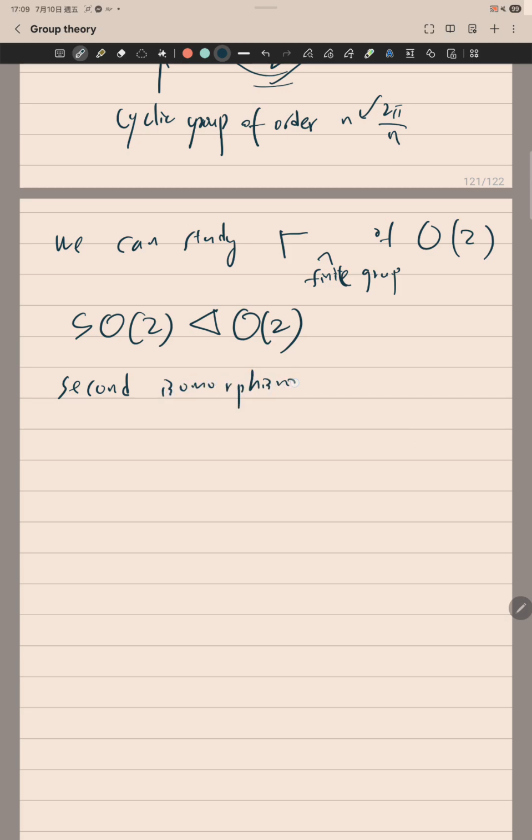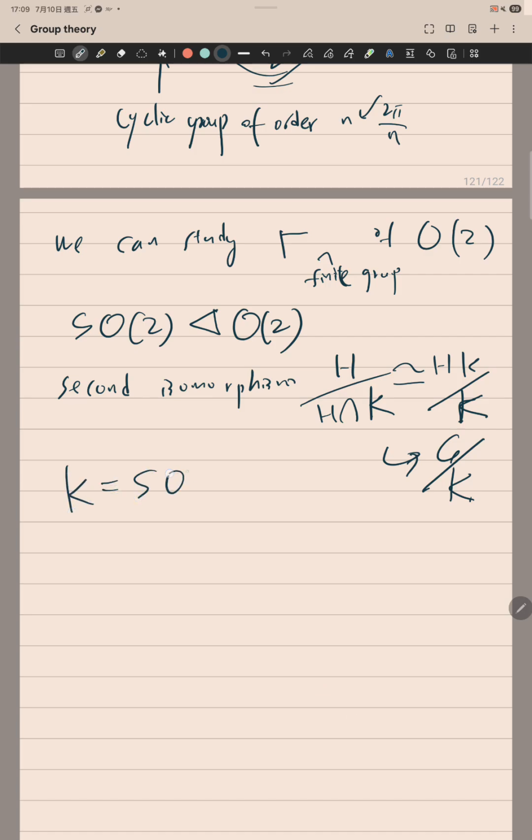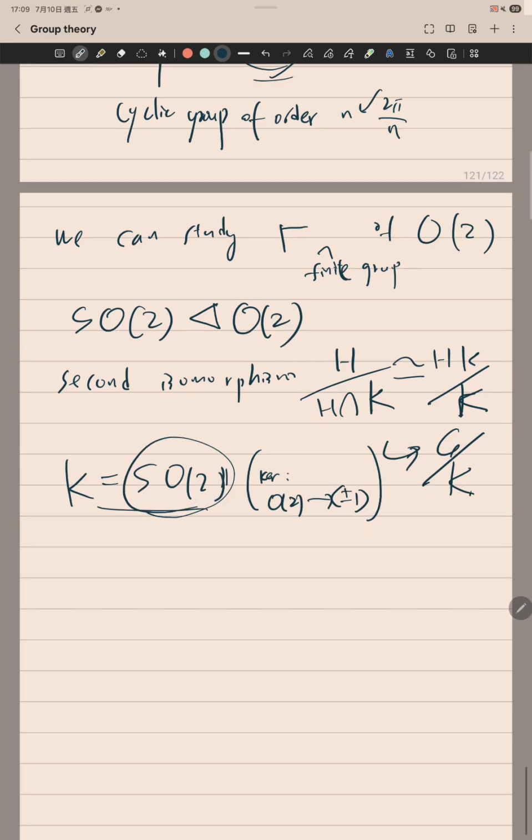The second isomorphism theorem tells me that H quotient H intersection K is isomorphic to HK quotient K, and this is a subgroup of G quotient K, supposing K is normal. So I pick K to be SO2, which I know is normal because SO2 is the kernel of the map from O2 to the determinant. So this is a normal subgroup.